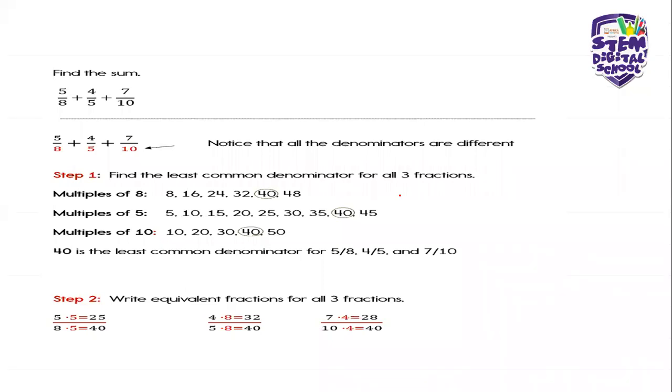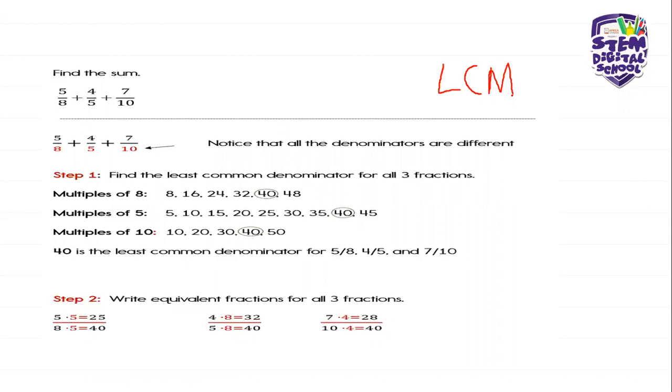Sometimes you find yourself having a sum where you have three different denominators. And the question you're going to ask yourself is, which one would be the lowest common denominator? It can be called the lowest common multiple or lowest common denominator. It still works out, right?